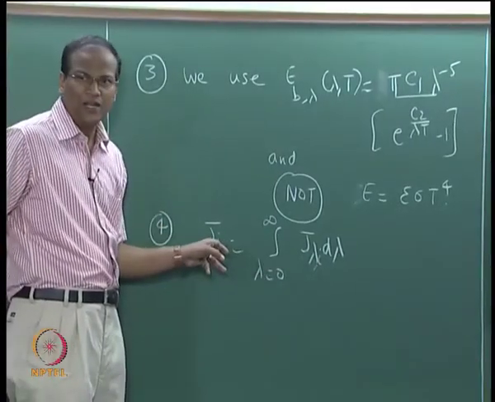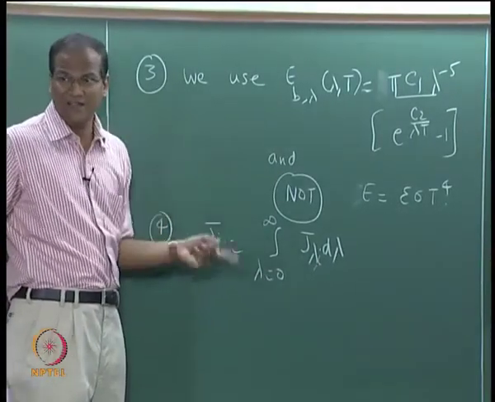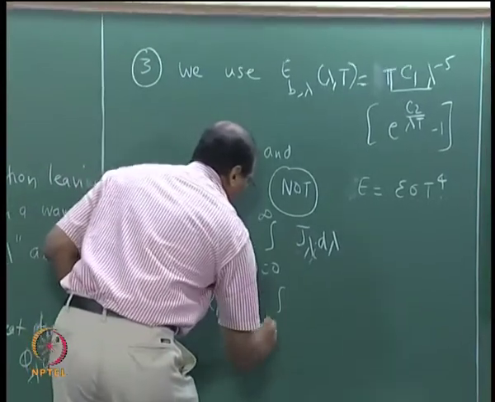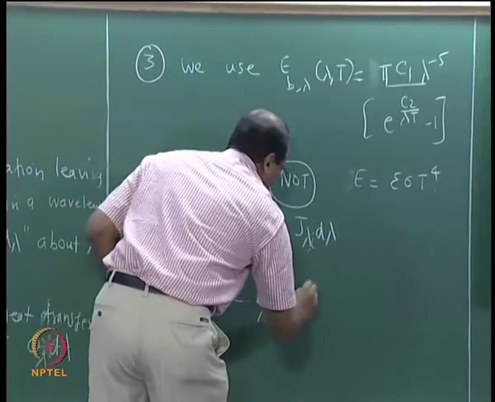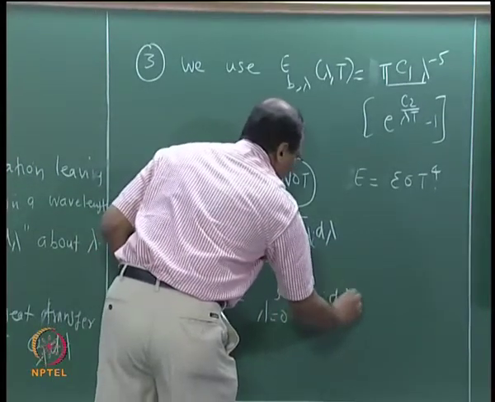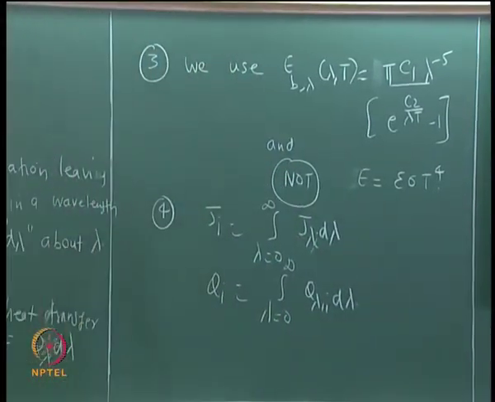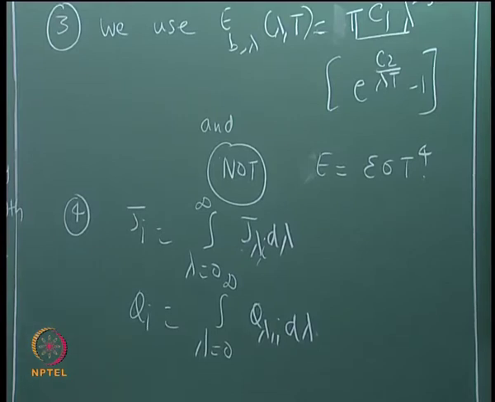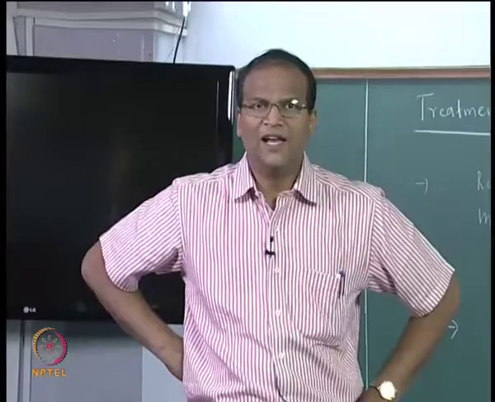If you want to get the total radiosity which we have defined earlier, it has to be done. Similarly Q_i is the integral from lambda equal to 0 to infinity of Q lambda i d lambda. Fine. So this is for getting the radiosities.